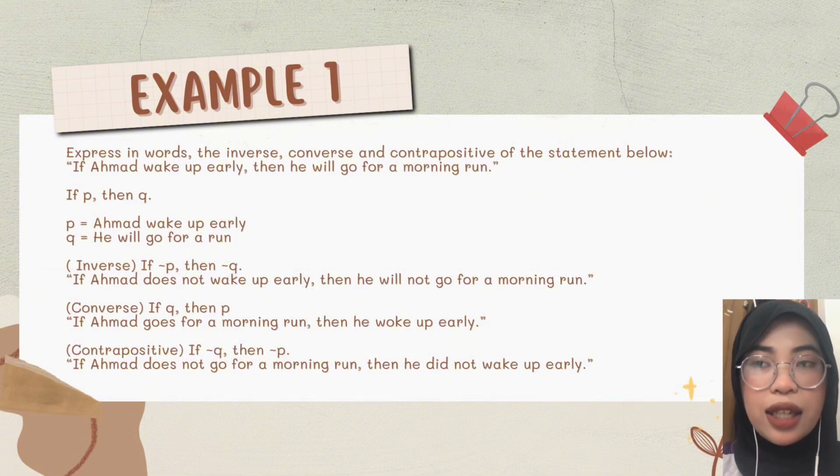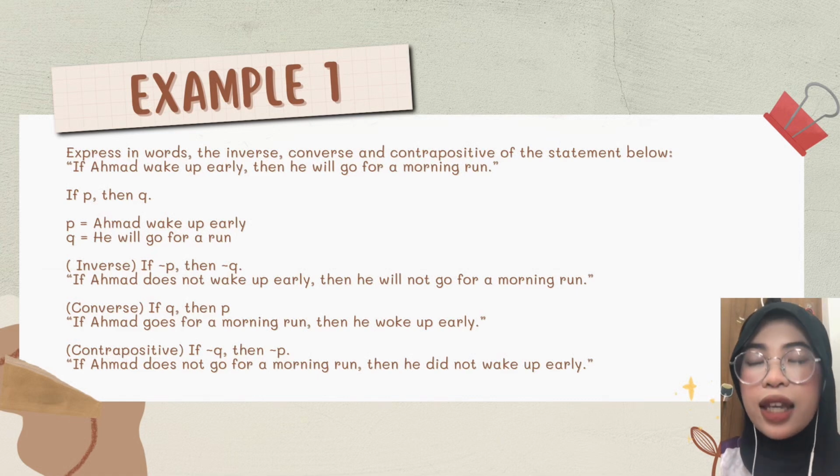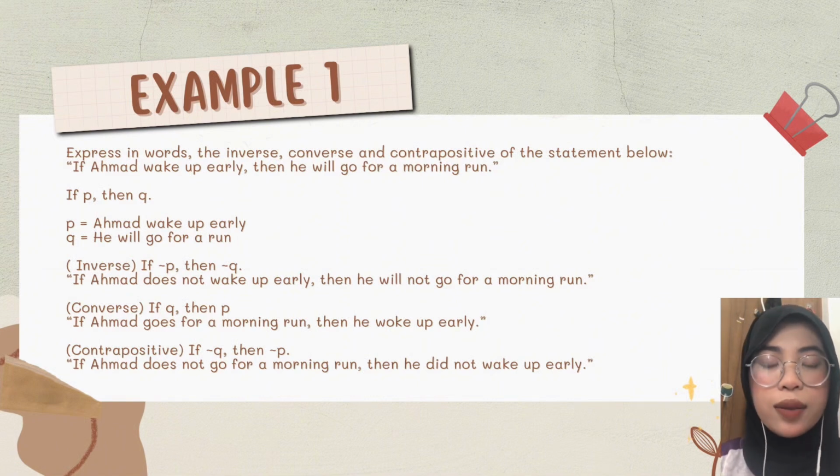This indicates if P, then Q. Thus, we can take P as Ahmad wakes up early and Q as he will go for a run. For inverse, we take if not P, then not Q. Thus, the inverse is if Ahmad does not wake up early, then he will not go for a morning walk.